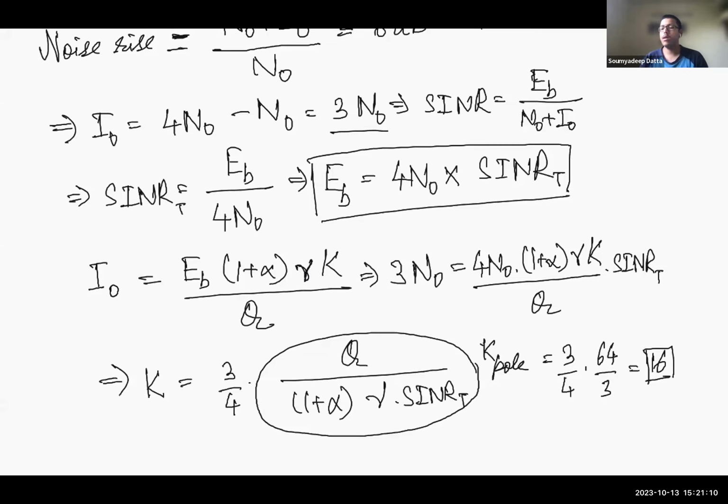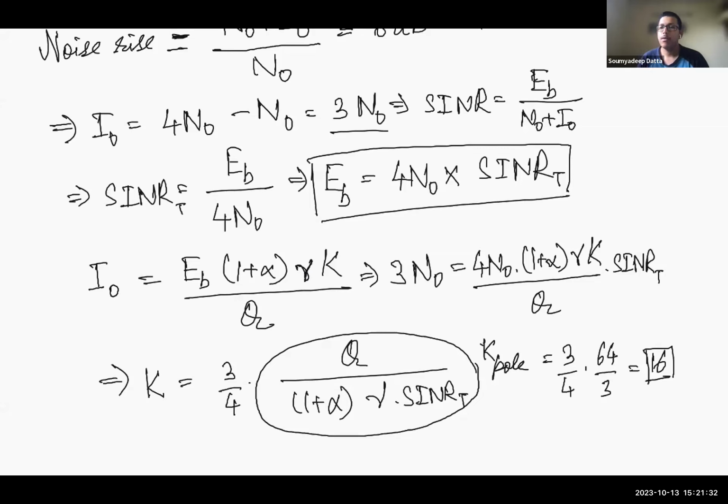Then that comes out to be 1 plus alpha times the intracell interference. For intracell interference, you will have capital K, where K minus 1 is approximately equal to K. So K users, but not all of them will interfere, because some of them are active and some are not.